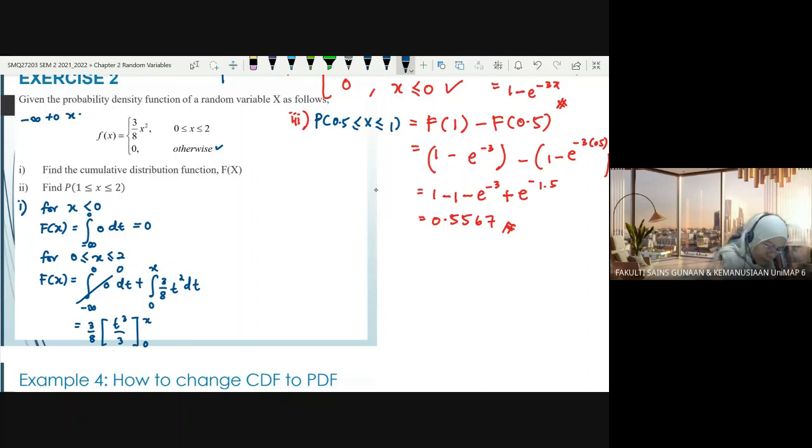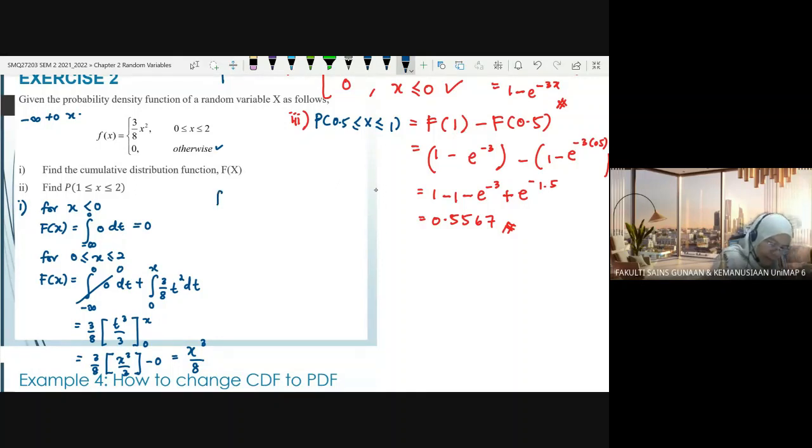So this is given by 3 over 8, x cubed over 3, minus 0. Okay, so you will get x cubed over 8. Okay, am I correct? Now, that is for x less than 0 and from 0 until 2, but for x greater than 2, you have to find the last part.